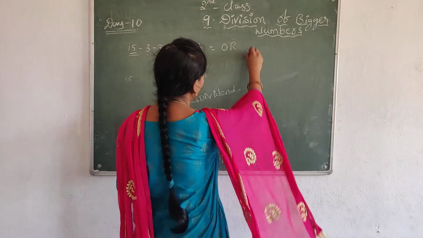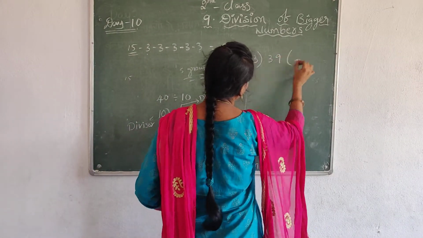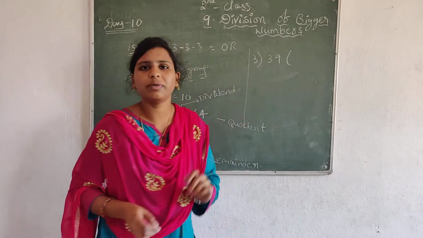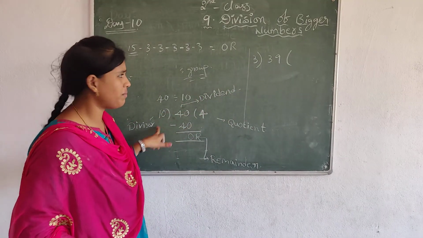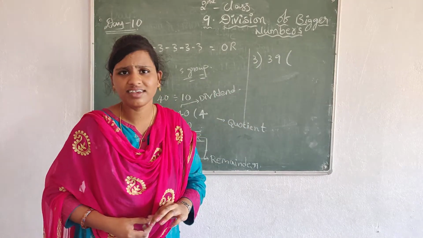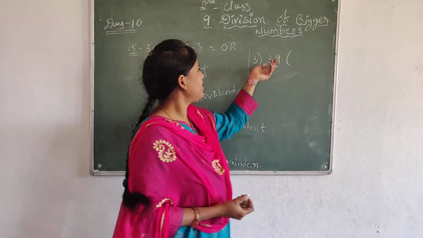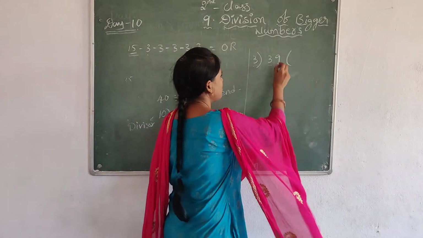For example, take one more number: 39 divided by 3. Let's see how many digits are in the divisor place. This is the divisor place. What is the divisor? 3. It has only one digit. In the dividend place also, you should take the first one digit.